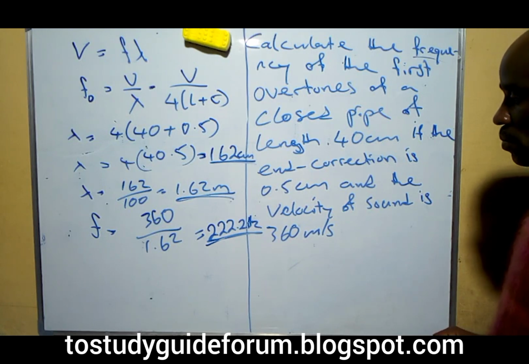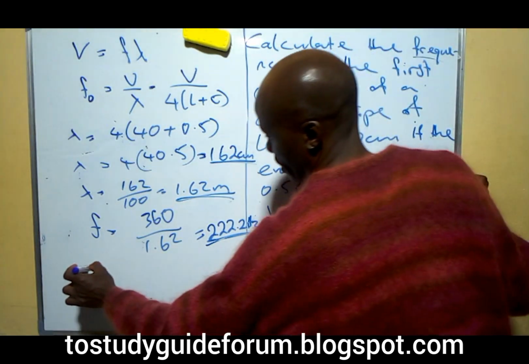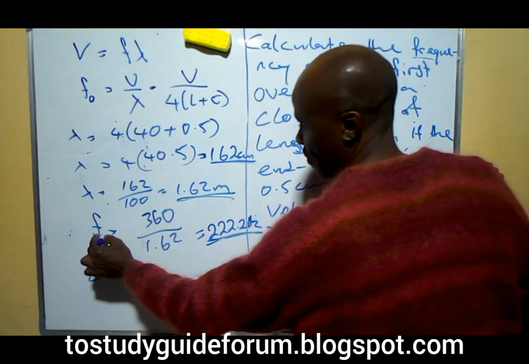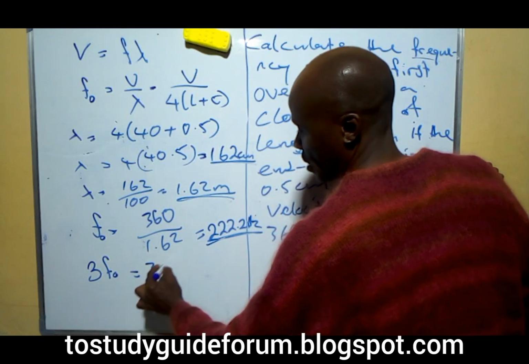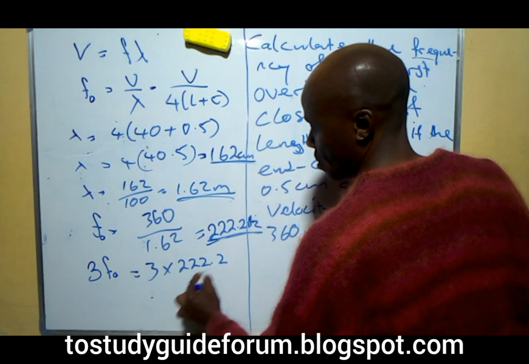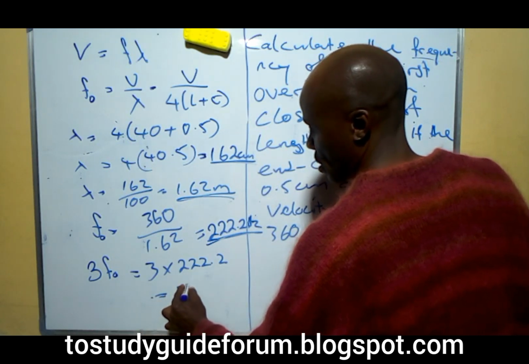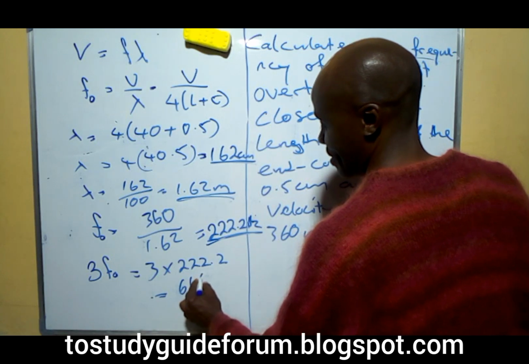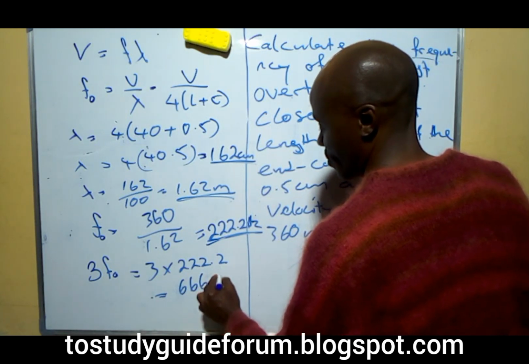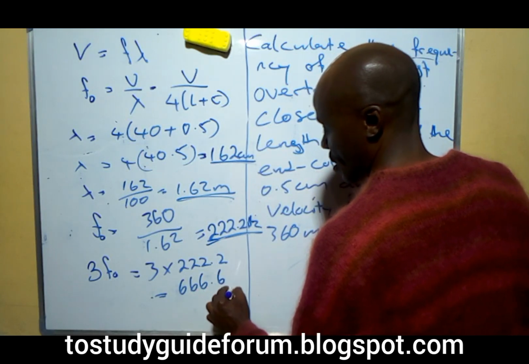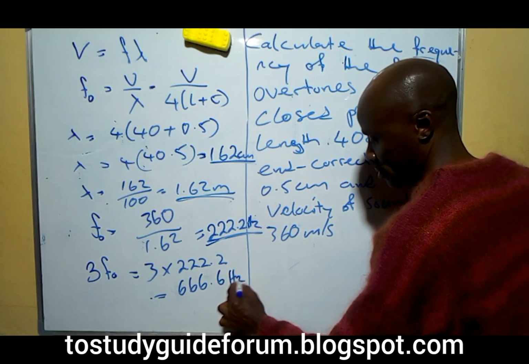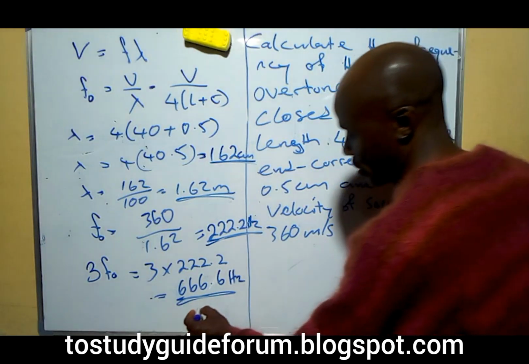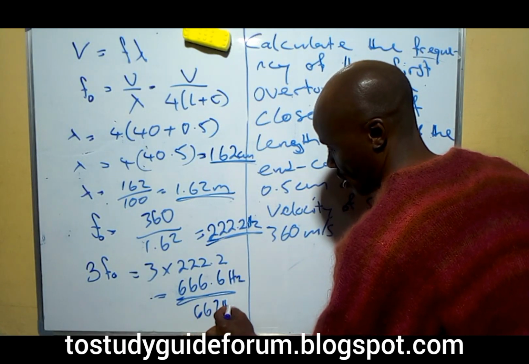So when we multiply through, we know that the first overtone is 3 times the fundamental frequency, which will give us 666.6, and finally this will approximate to 667 hertz. So this is the final answer to that.